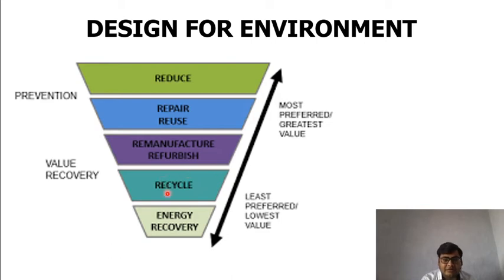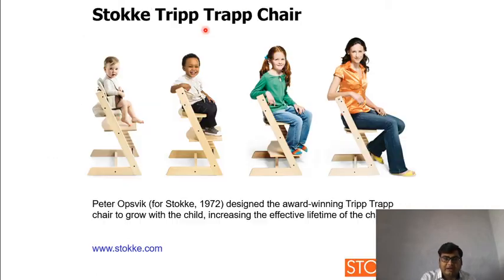But if the product has some plastic parts and consists of five different materials, then I will have to separate all those five different materials before I can recycle it. So try to design products in a way that we can separate the different materials easily and quickly. Okay, these are the things that need to be considered while designing for environment.